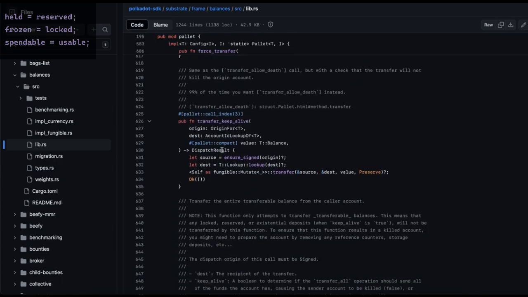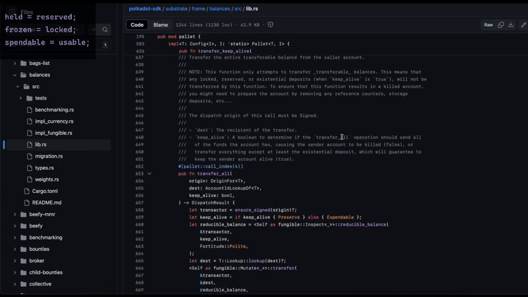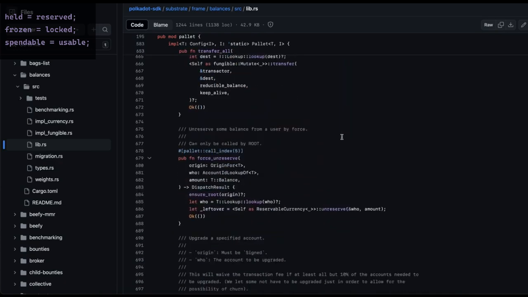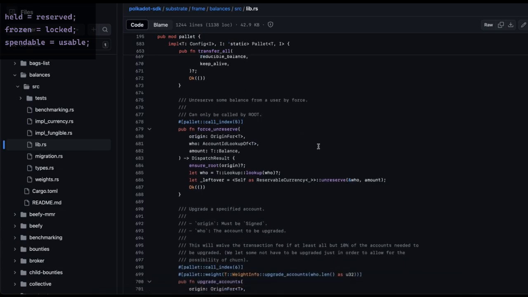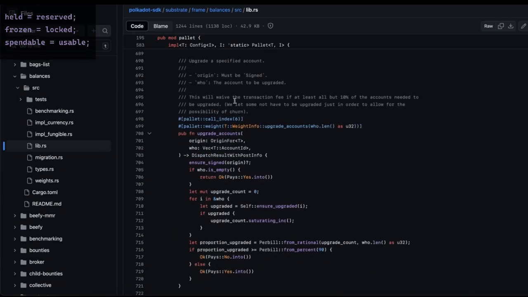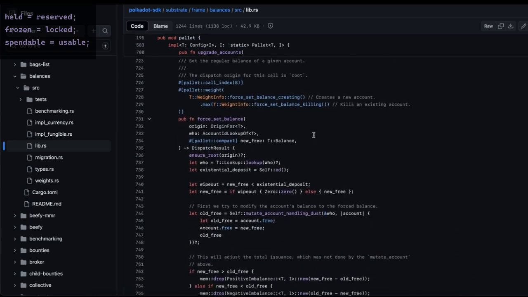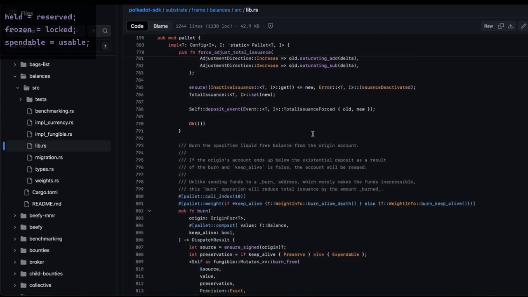Then there goes transfer keep alive. This is when the existential deposit is not used in the transaction. Transfer all. Force unreserve can only be called by root, so only sudo can call this transaction. Upgrade accounts. Force set balance. Everywhere there are comments on what these calls do. There's burn.